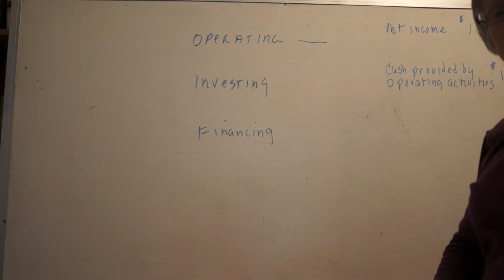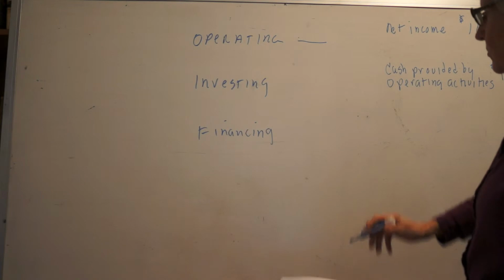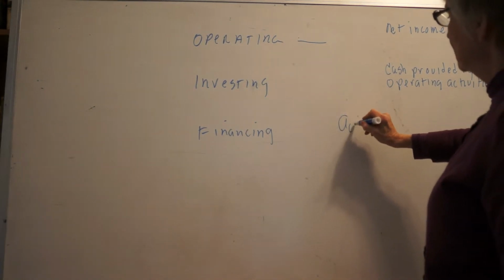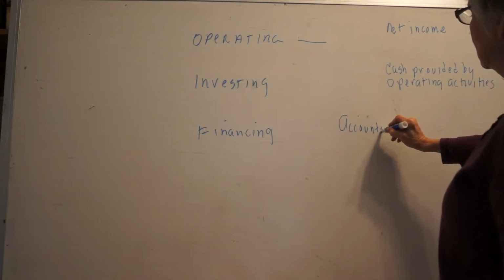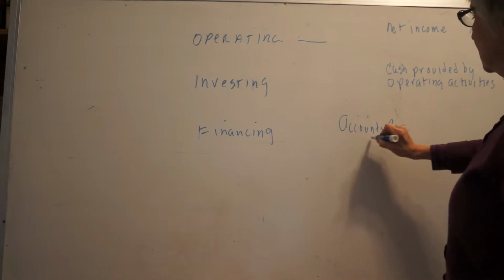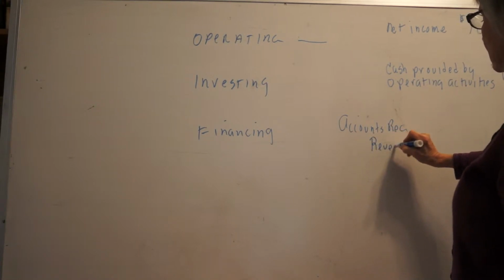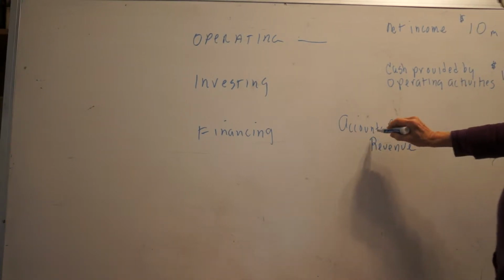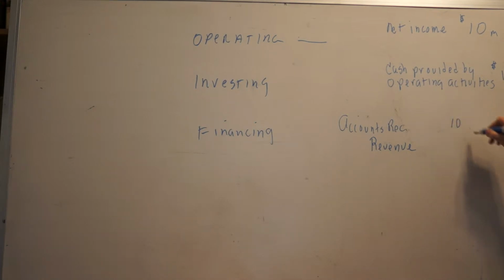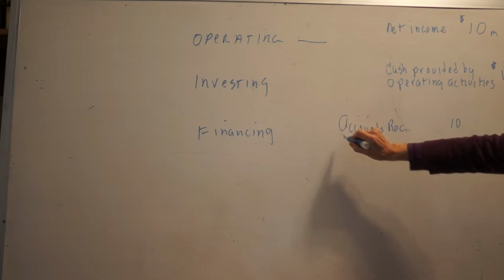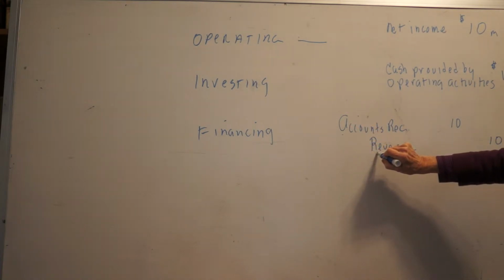Now, how could that happen? Well, one thing that could happen is you could have a lot of accounts receivable, okay, that you have booked as revenue. So if you book a lot of accounts receivable and revenue, you've got really good assets and you've got really good revenue.